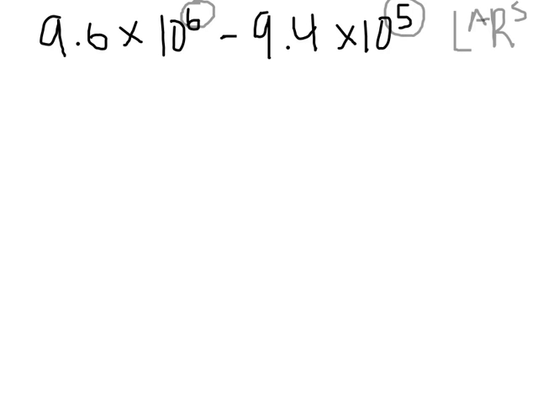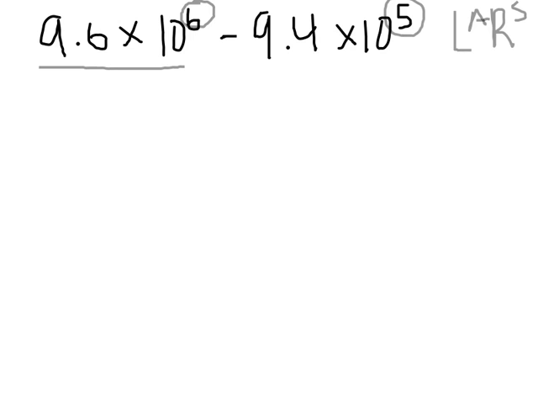Now, it's really important that you guys know that you have to always keep the number with the largest exponent. So in that case, we're going to keep 9.6 times 10 to the sixth. However, I want to change my second term to where there's an exponent of 6.